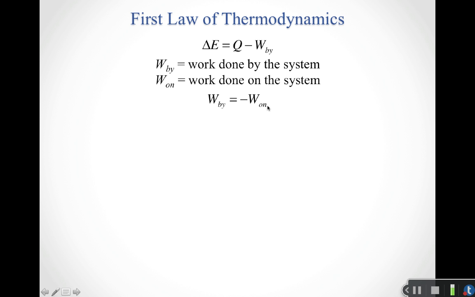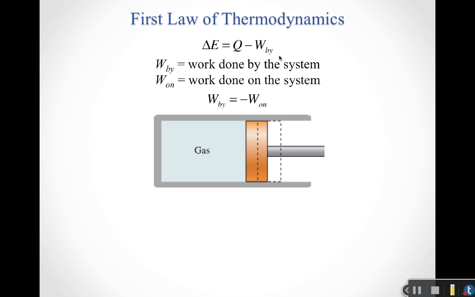If the system does positive work, then the work done on the system by external forces was negative. If the work by external forces was positive, then the work done by the system was negative. And so you can always relate these two things to each other, so it just really becomes a convention in terms of how you choose to set up the first law of thermodynamics in terms of the work term.